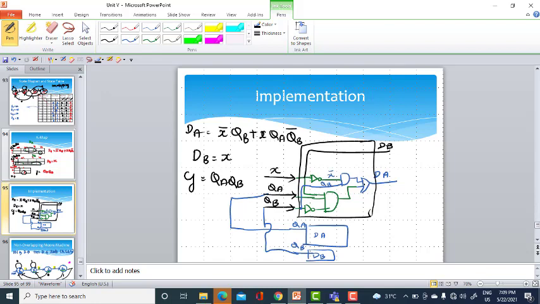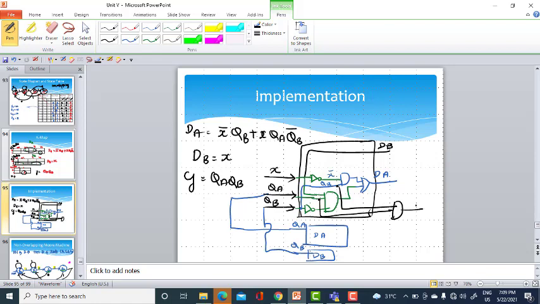QA and QB will be here: this is QB and this is QA.